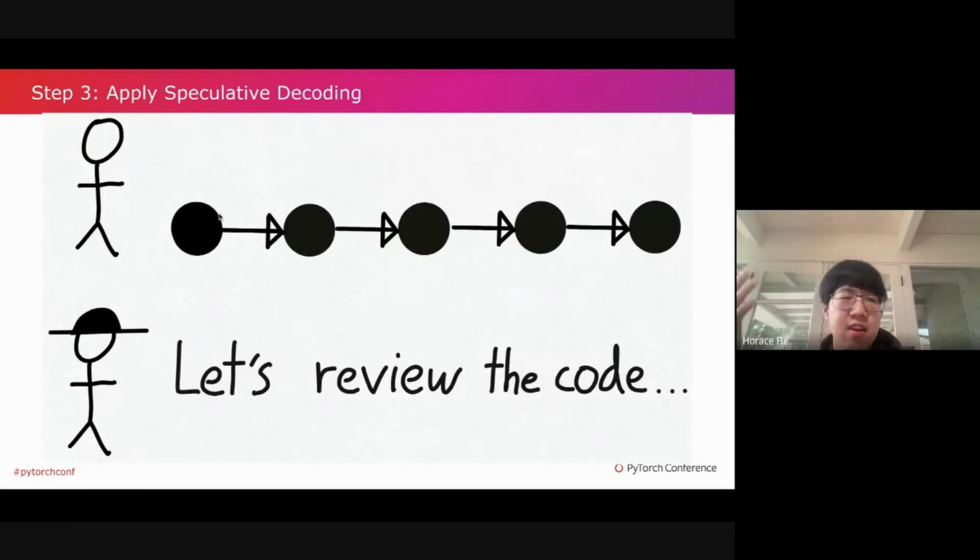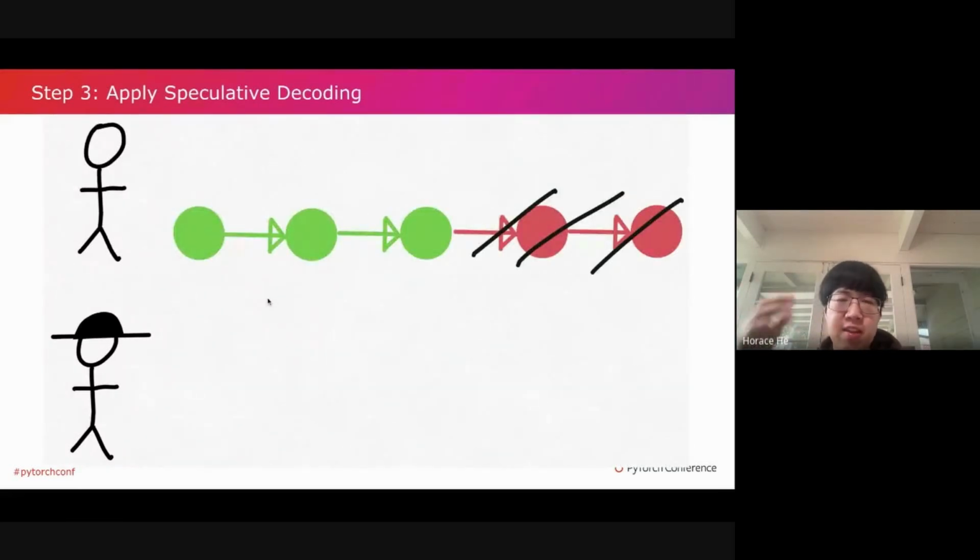Instead of having the senior engineer write all the code, you let the junior engineer write a bunch of code, like 5 pieces, and then you give it to the senior engineer to review. Perhaps the senior engineer sees that the first 3 decisions were correct, and the last 2 were wrong. In this case, you can just throw out the last 2 decisions and tell the junior engineer to go on and rewrite those pieces of code.